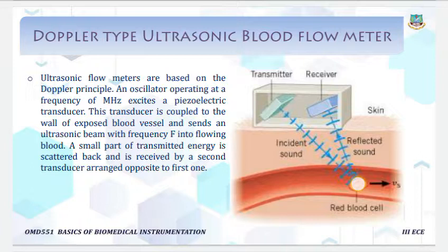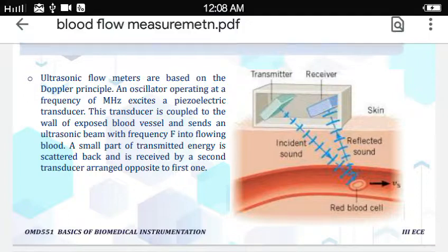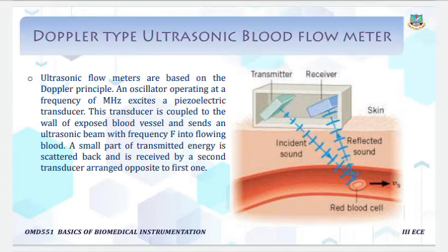A small part of the transmitted energy is scattered back again. After transmitting this, a small energy is reflected back to the receiver, the second transducer. So after transmitting, it will touch the particles in the blood and it will be received back by the next transducer.